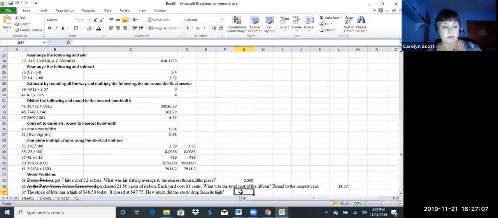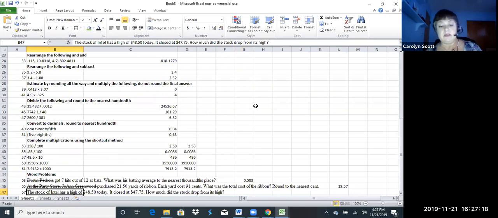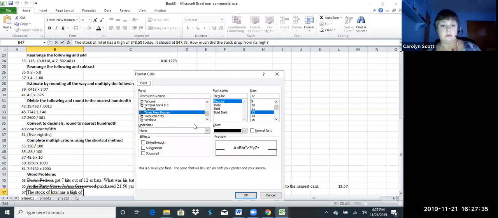Okay, the stock of Intel has a high of $48.50 today. It closed at $47.75. How much did the stock drop from its high? Okay, well, we don't need to know what kind of stock it was, so we'll take those words out.